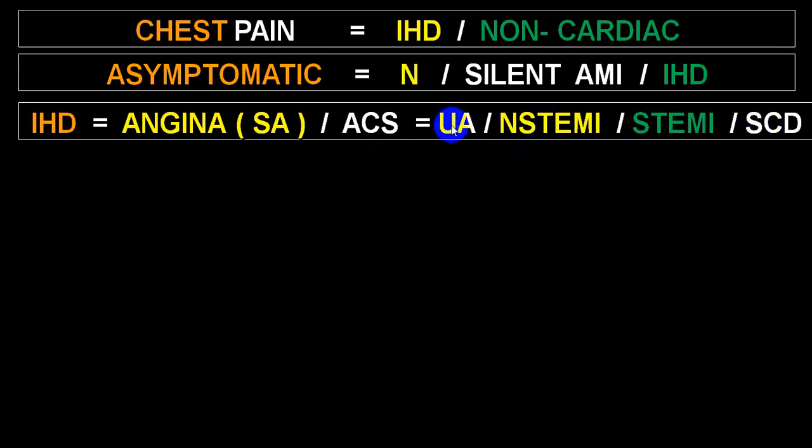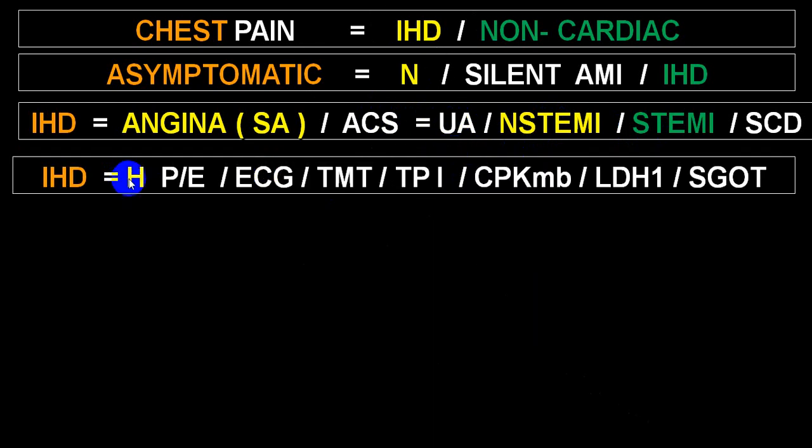Now, to differentiate in an acute coronary syndrome, we are always interested in this because it has a high mortality if not detected and not treated. So you have to differentiate unstable angina, non-STEMI and STEMI, and for that you require good history, physical examination followed by an ECG.